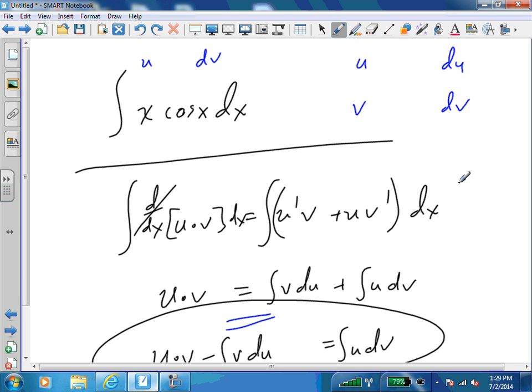For example, here we can pick the x to be u, and when we take its derivative, that gets even smaller. What's the derivative of x? dx. So whatever you don't call u, the rest of it will be dv.